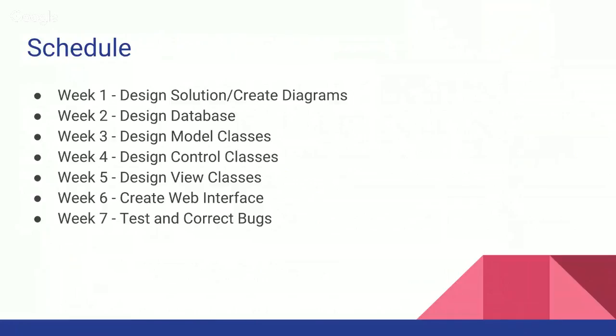Week 4, we can create the control classes, which allow us to make the necessary modifications to the model layer and in the database. Then after that, on week 5, we can envelop all of that with our view class.